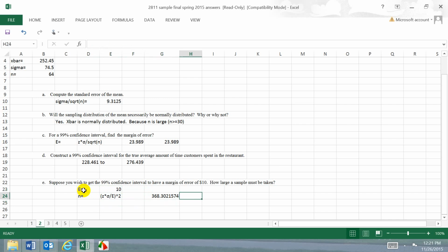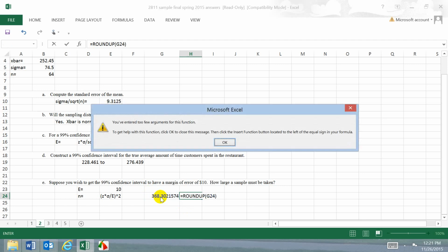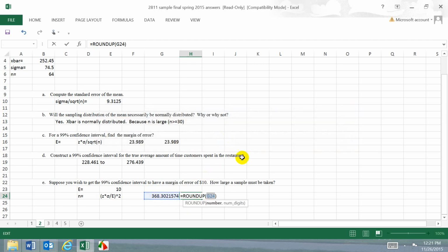We'll always round up, and our answer is going to be 369. Okay, so if we want to get a margin of error of not more than 10, then we have to go up from a sample size of 64 to a sample size of 369.